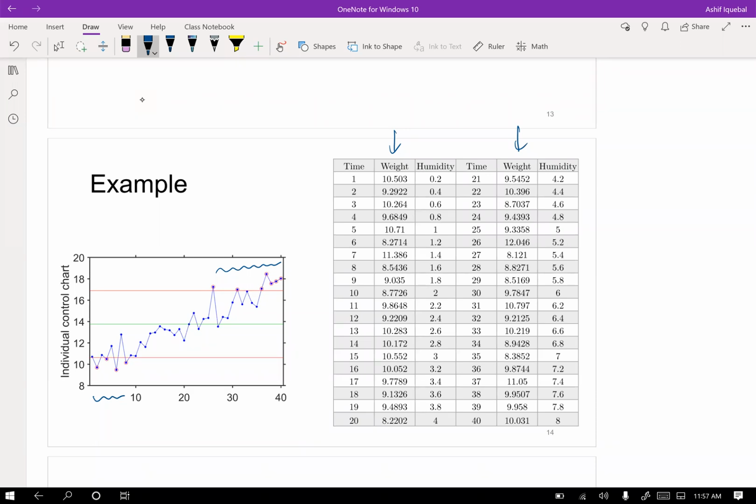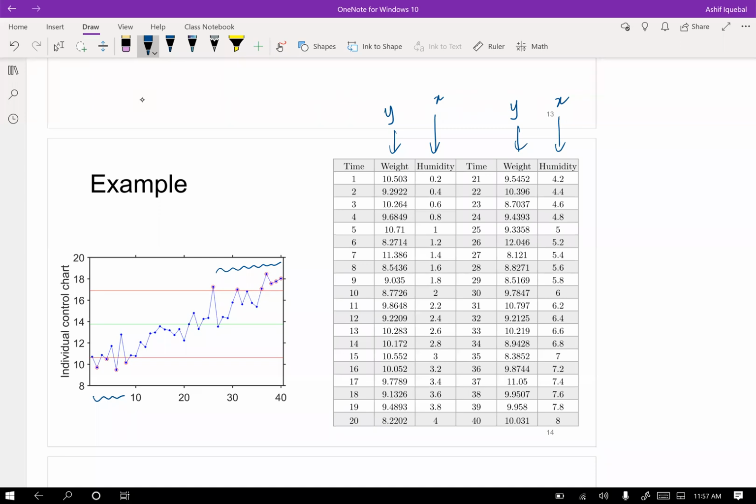Or is it because there's something wrong with the humidity? Humidity is your X here. Weight is your Y here. Make sense? So we're asking the question, why are these data points outside the control limits? Is it because there's something wrong with the system, or is it because the humidity levels are wrong?